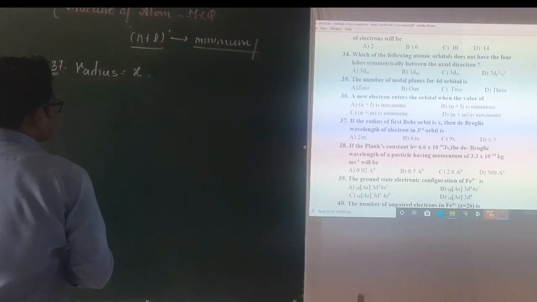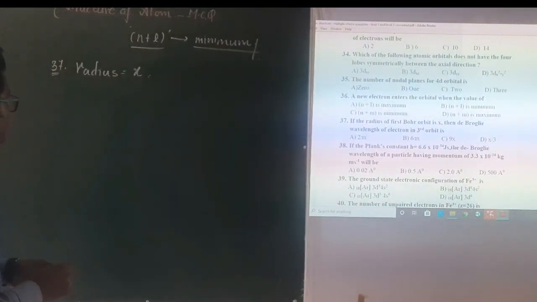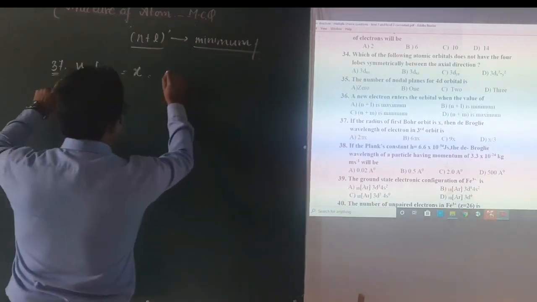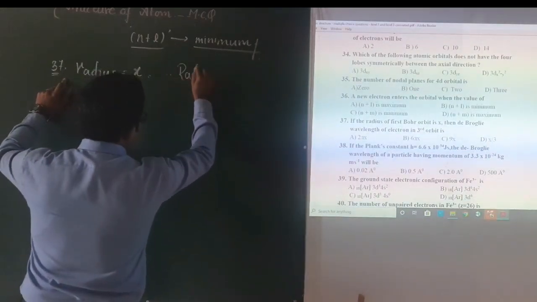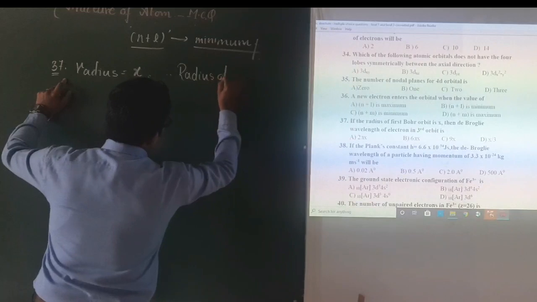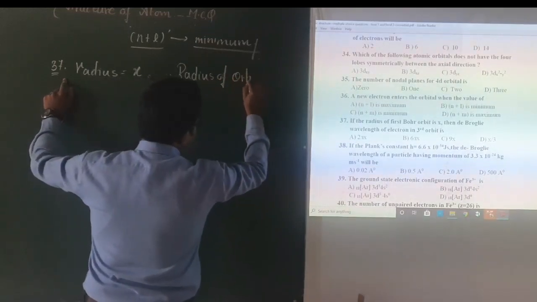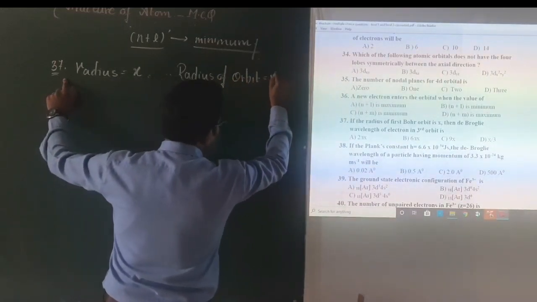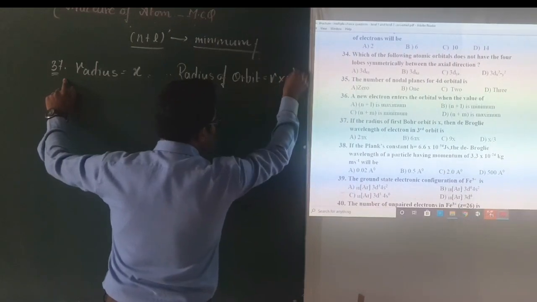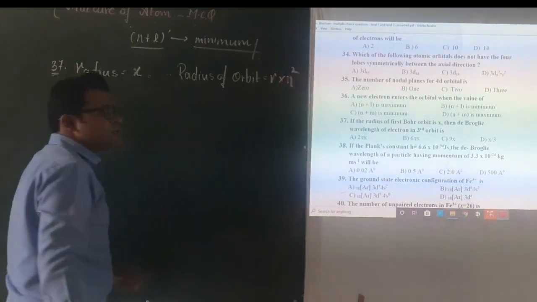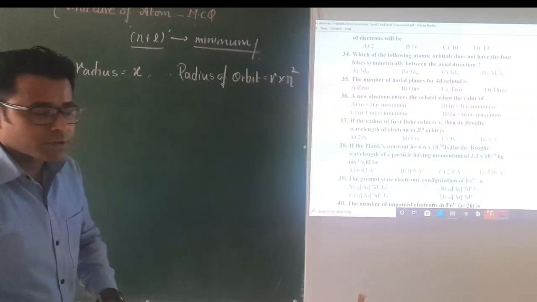Now taking into consideration the formula, the radius of an orbit can be given as r into n squared, where n represents which orbit we are speaking about.